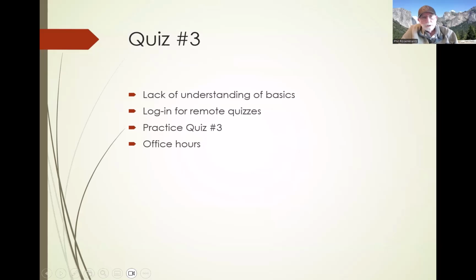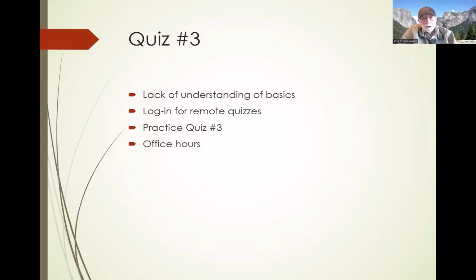So related to quiz number 3, I thought there was, for many students, a lack of understanding of basics. These are concepts that if you don't understand them, you'll just keep getting the same results on future quizzes. Then also, I wanted to mention that some students didn't start the quiz at the designated time.